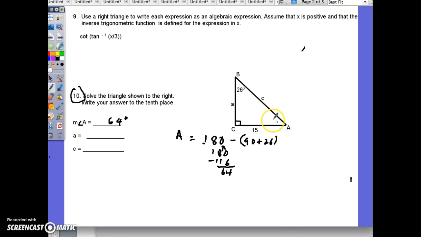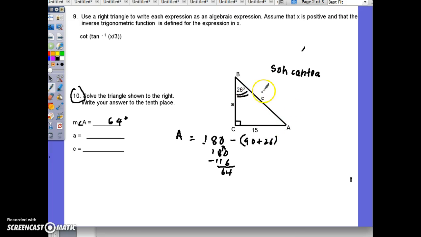Alright, and now to find side length A, this is a right triangle. Since we know angle B is 26, we can use SOHCAHTOA, involving A, involving the 26, and involving the 15, which is the length of AC.